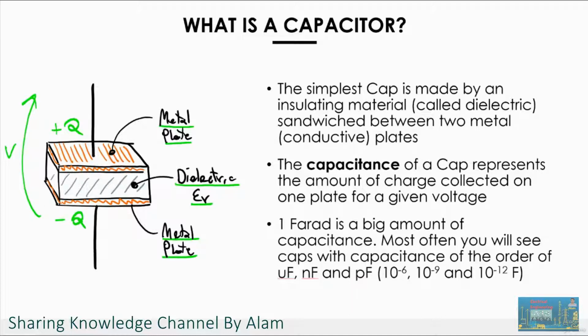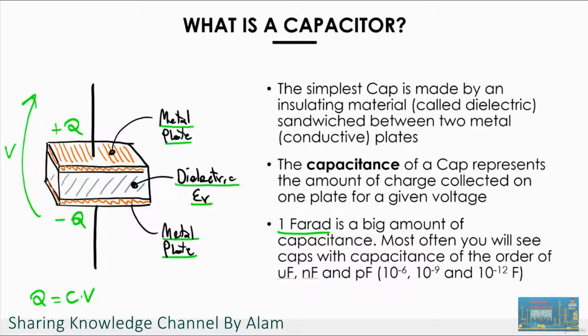The capacitance, which is indicated with C, remember that Q is equal to C multiplied by V. The capacitance C is measured in farad, but as I already said before, farad is a really big amount for capacitance. So most likely you will see values of capacitance expressed with different submultiples of the farad.